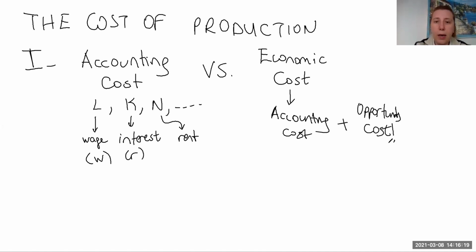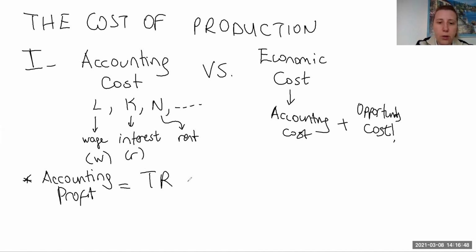We use accounting cost and economic cost concepts when we are calculating the profit, because we have two types of profit, as you can guess from here. The one is the accounting profit, which is the difference between the total revenue minus explicit costs.